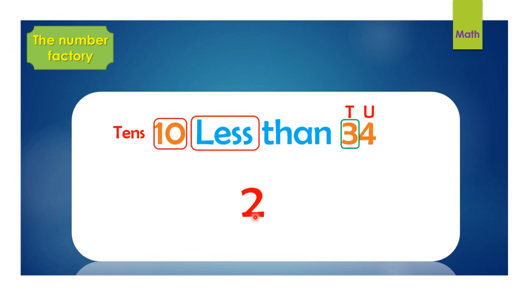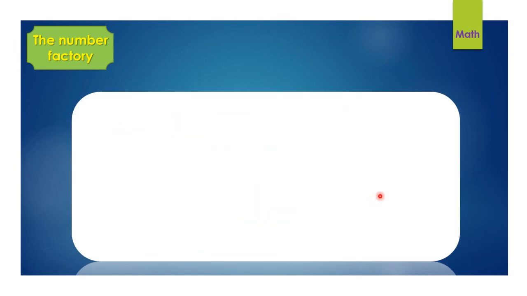I put here 2. 3 tens, take 10 away, it will be 2 tens. What about the units? Mister, we are not gonna change it, so we put it down as itself. Did you get it now? Okay, let's move to the next question.